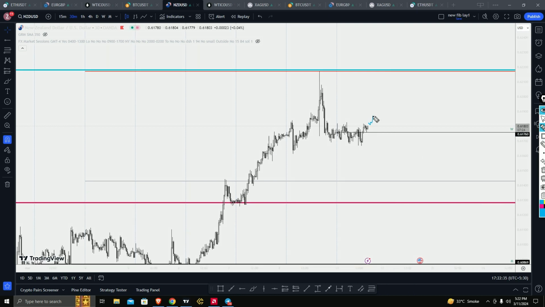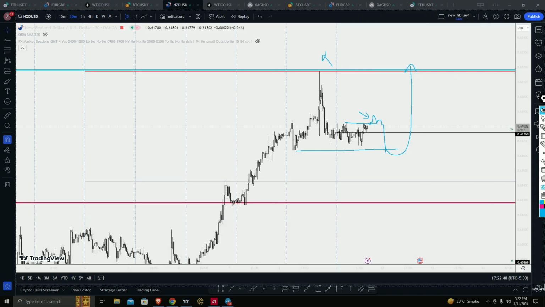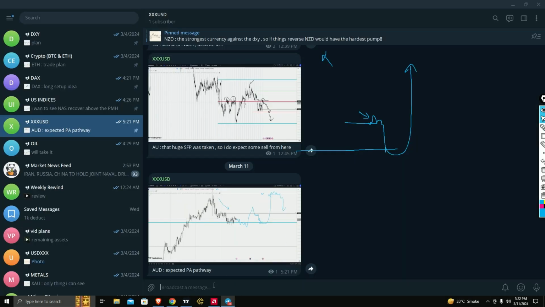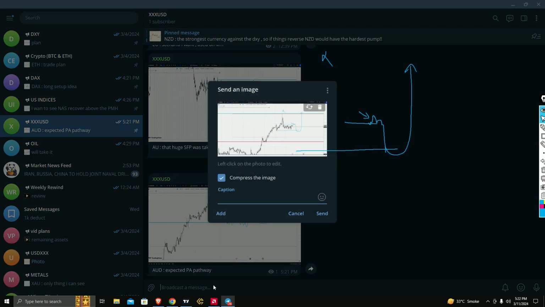So, if we get a high, what I'm going to do is I'm going to buy full reset to target the last week's high. But that will happen once we get a high. Now with CPI coming up, I don't know how I will execute this trade, but we will see.